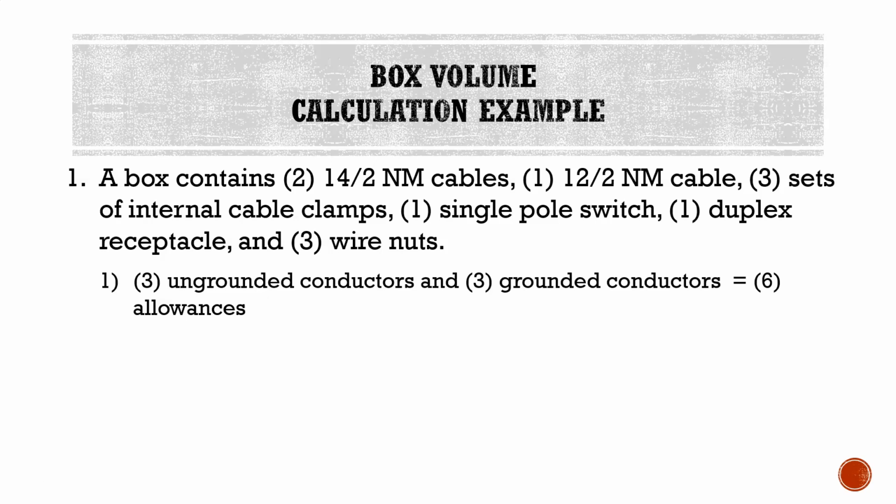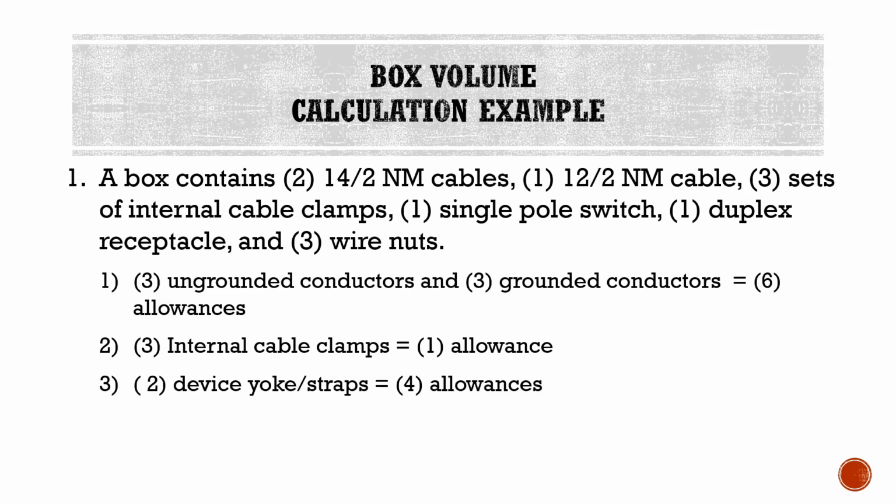Since each 14-2 and each 12-2 NM cable contains one ungrounded conductor and one grounded conductor, that would be a total of 6 allowances. Next, we have 3 internal cable clamps, and regardless of how many internal cable clamps we have, we're only going to count them one time, so that would be a total of 1 allowance.